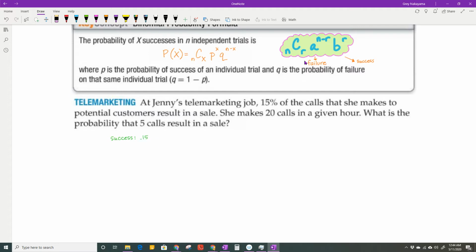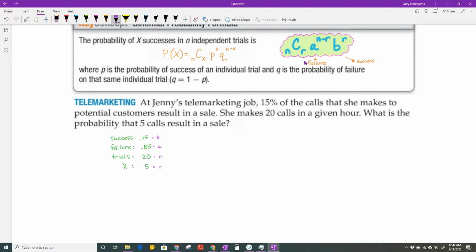Okay, and as we said before, that's our B. Then we have failure, which is 1 minus 0.15, which is 0.85. That's my A. How many trials do I have? 20 calls in a given hour. That's my N. And then X, which is my random variable here, is 5. That's the number I'm looking for.